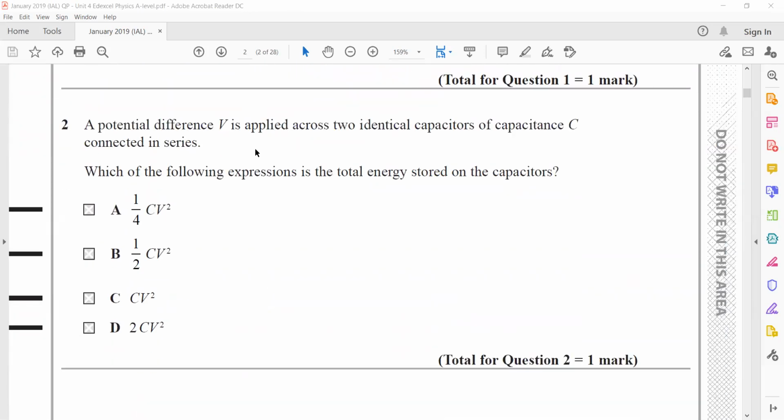The potential V is applied across two identical capacitors of capacitance C, which are connected in series. Which of the following expressions is the total energy stored by the capacitors? So the voltage is applied across two identical capacitors, each having capacitance C, connected in series with each other.